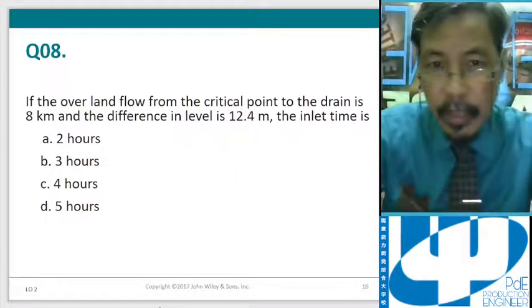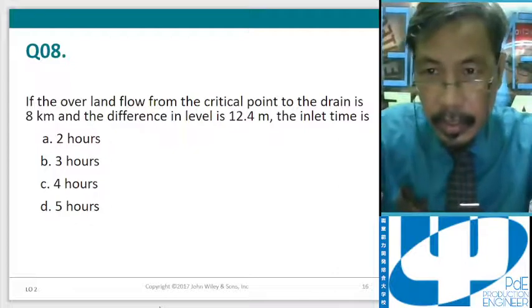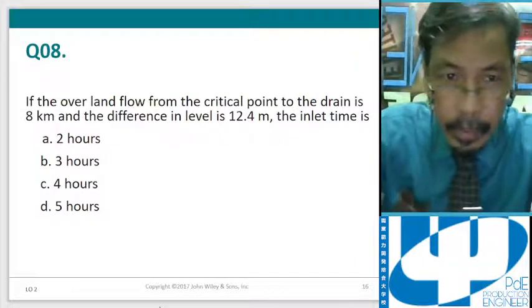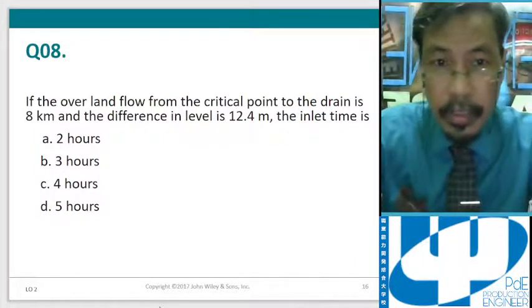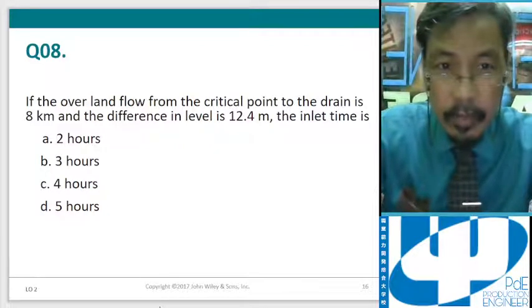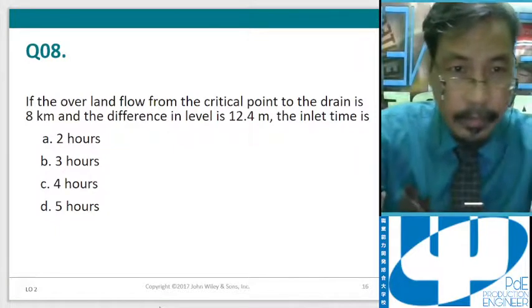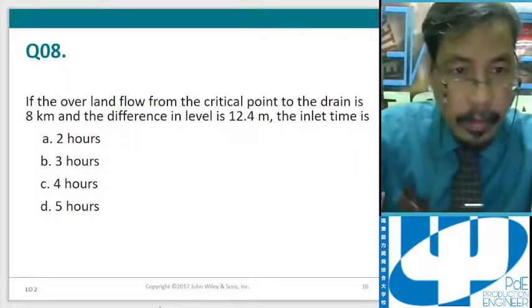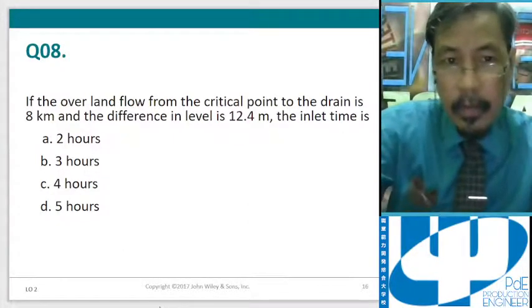Question 8. If the overland flow from the critical point to the drain is 8 kilometers, the difference in level is 12.4 meters over the 8 kilometers length. The inlet time is, okay, overland flow.